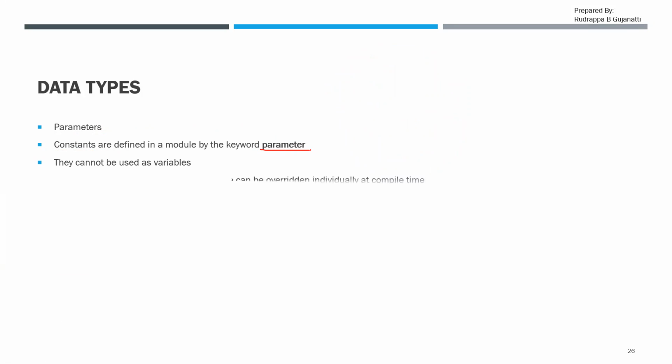They cannot be used as variables. The parameter values in each instance will be overridden during compile time. So whenever you compile and a module instance is provided, the value present in that parameter will be overridden.